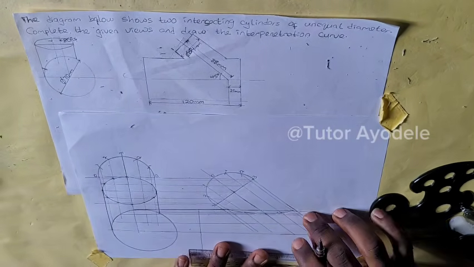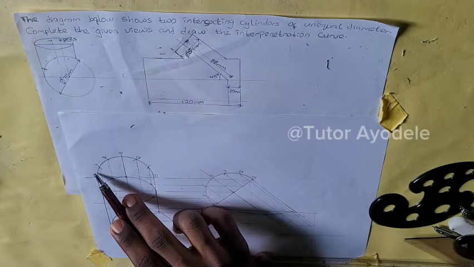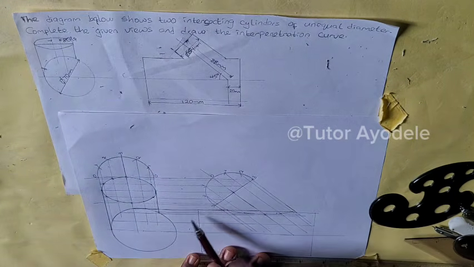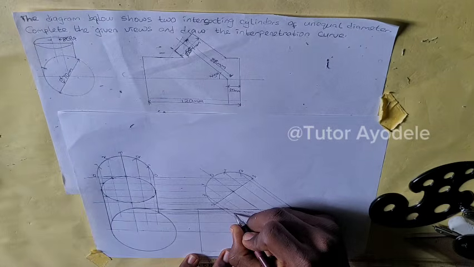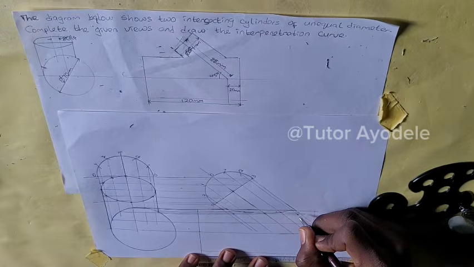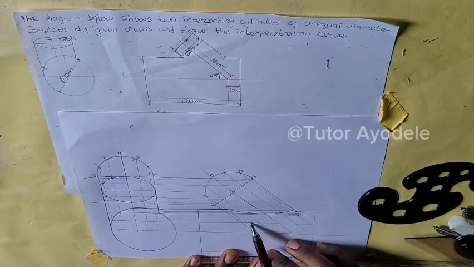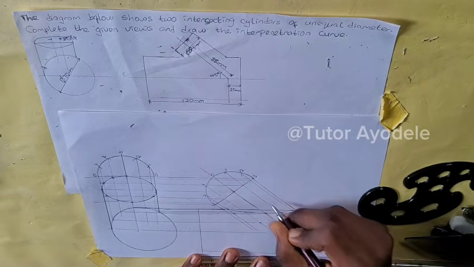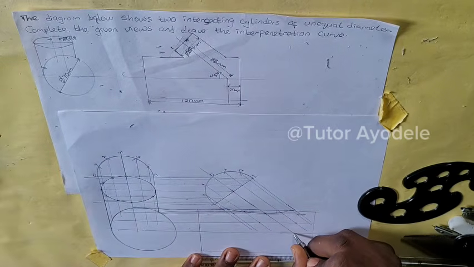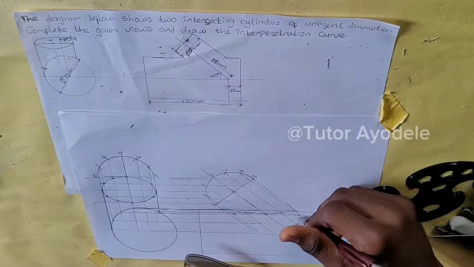This is our first interpenetration curve. And for the second one, we're going to complete the rest. That's 2, 1, and 0. So I'm going to trace where 2 will meet. I see it at this point and at this point. Then for 1, if I trace the line, it is at this point and at this point. And then for 0, it is at this point here. And using our French curve again, we're going to trace out the second intersection curve.